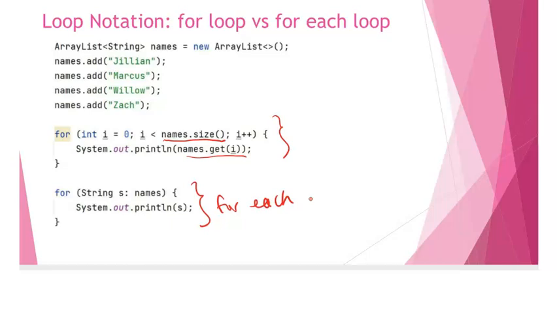So again, just a reminder, the for each loop is great when you're trying to access every element from the beginning to the end. And that's what I'm doing in this example. And I'm essentially saying for each string that I'm going to call s inside my array list names, print out s. And so that's how this abbreviated notation works for us.